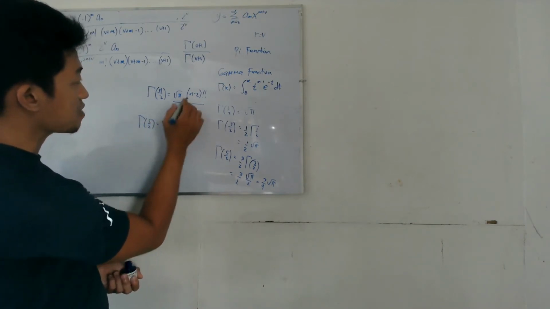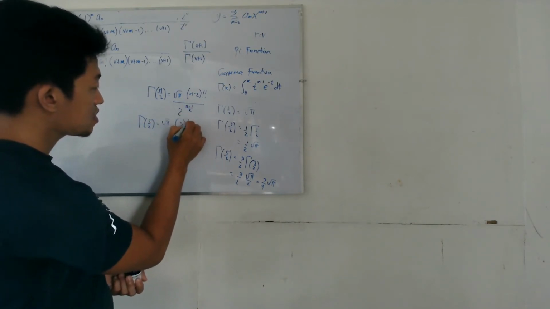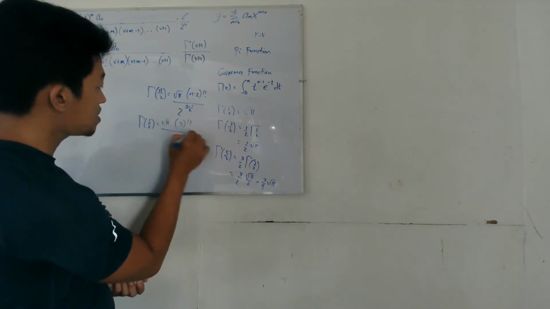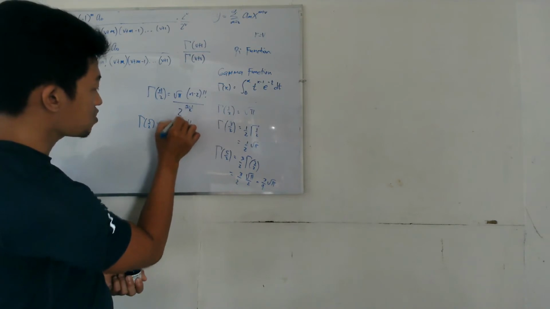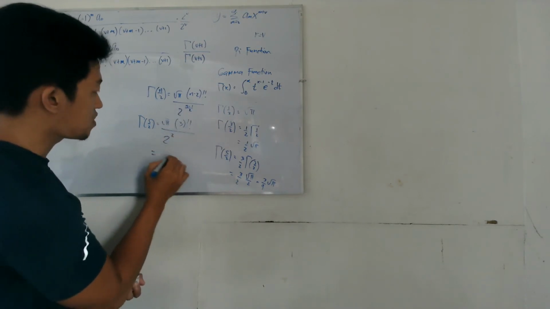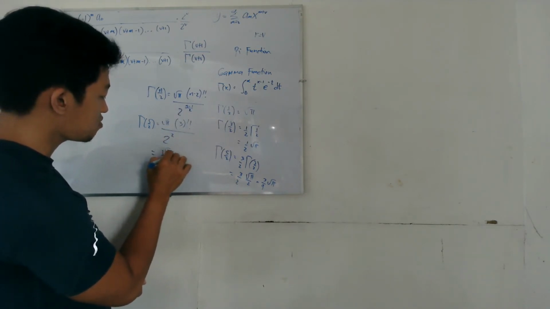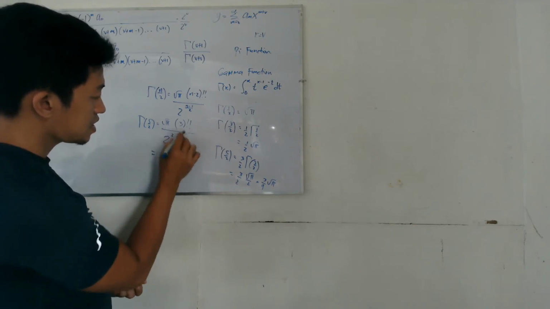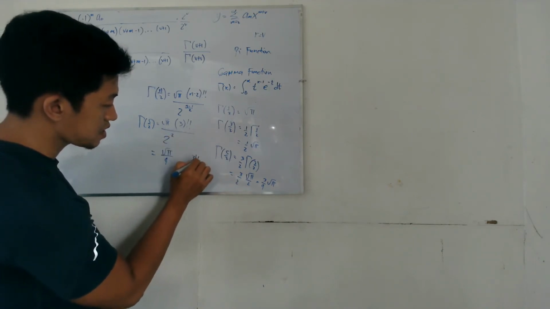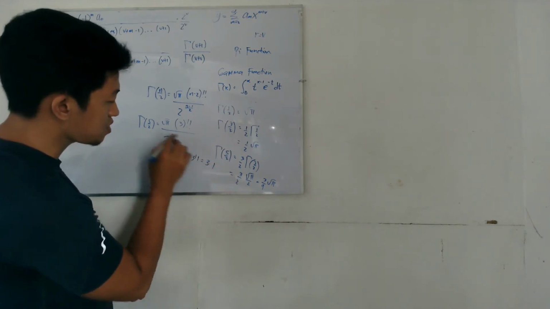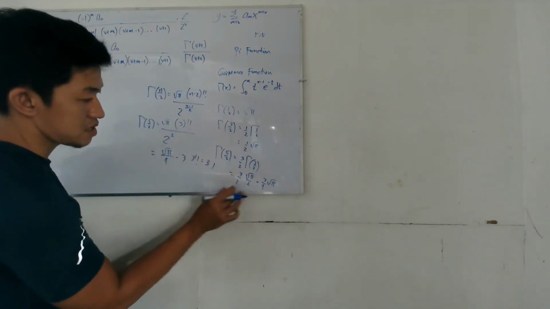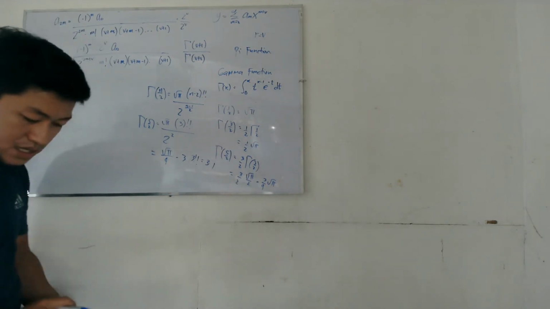Your n is 5, so 3 double factorial over 2 to the power 5 minus 1 over 2, which is 4 over 2, so 2 squared, 4. Square root of pi over 4, and 3 double factorial is 3 times 1, which is 3. So we get 3/4 square root of pi.